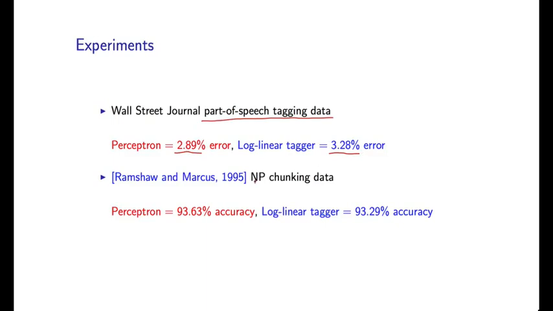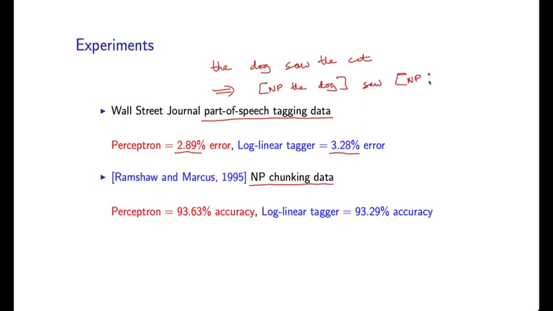And secondly, we have the problem of noun phrase chunking. So this is actually the problem of taking a sentence as input and recovering noun phrase boundaries, where I only look at noun phrases which are non-recursive.